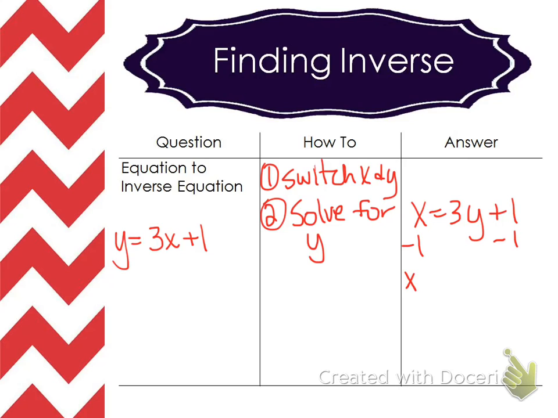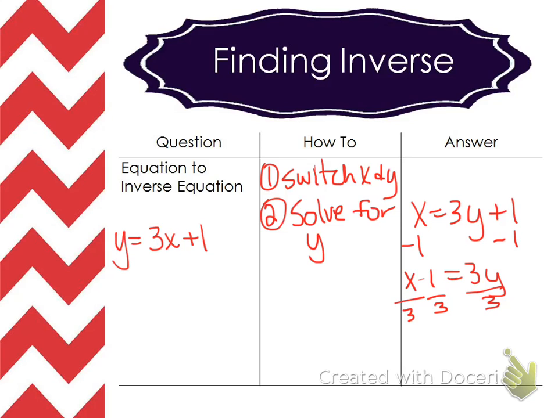So now I have x minus 1 equals 3y, and from there I'm going to divide both sides by 3, or by -3 in this case. Oh no, just by +3, sorry.